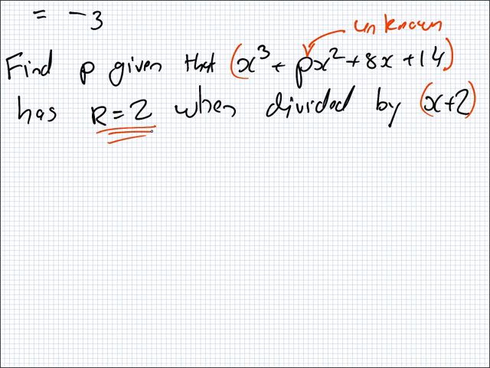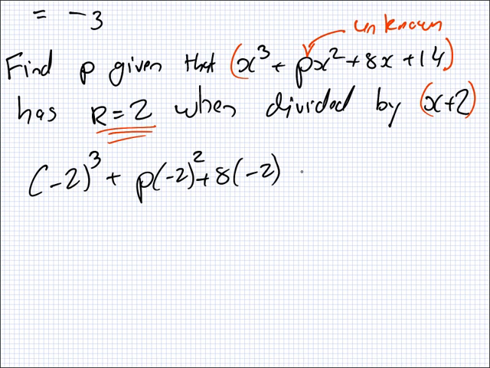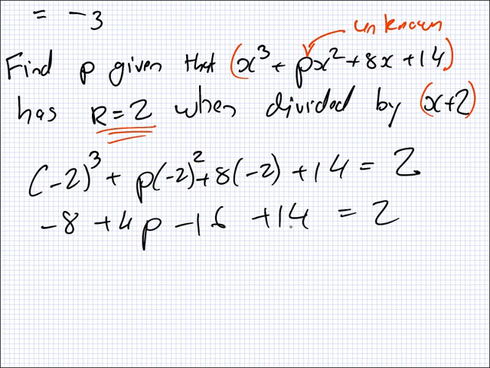Let's have a look. So, what are we putting in for x? Minus 2. And we know when we sub in minus 2, we're getting the remainder. And in fact, we know what the remainder should be. It should be 2, as we're told. So that's minus 8 plus 4p minus 16 plus 14 equals 2.